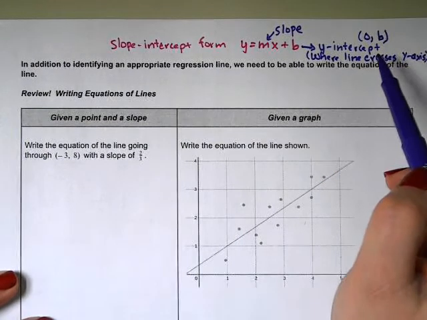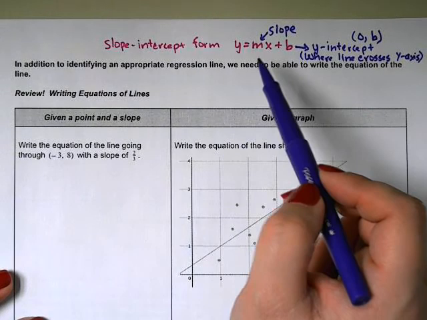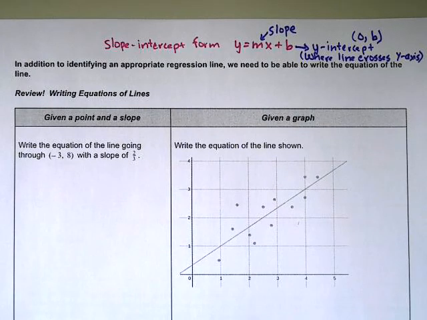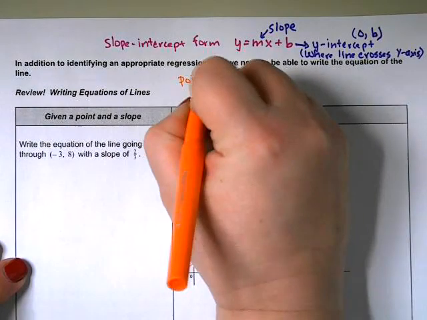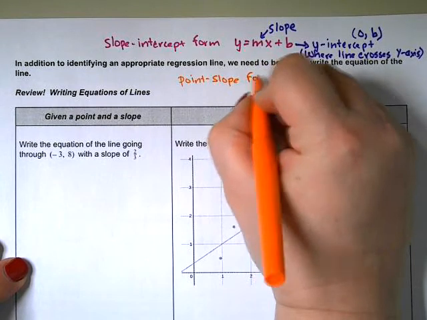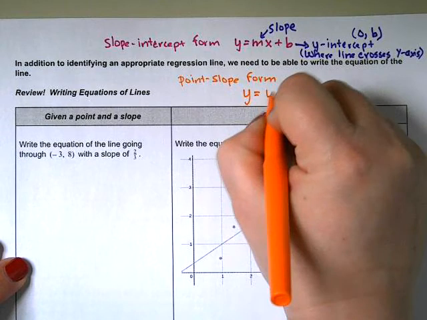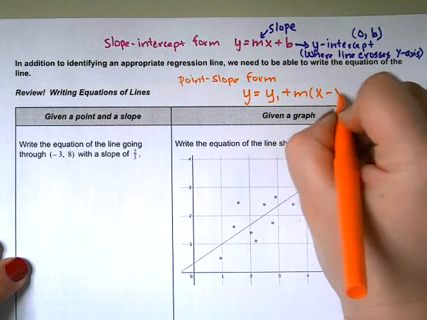So anytime you're given the y-intercept, or if you can get it from the graph, your best bet is to write your equation in slope-intercept form. The other form that we have is called point-slope form. So for point-slope form, we have y equals y1 plus m times x minus x1.